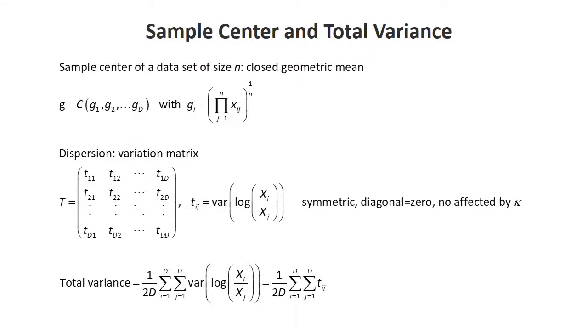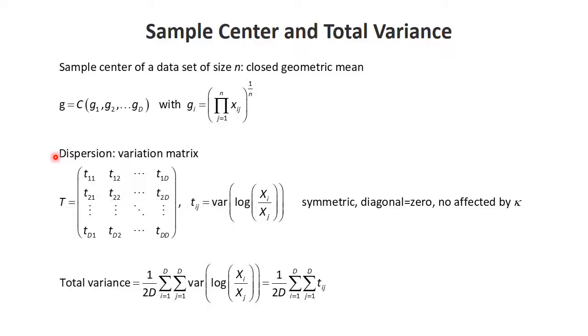So just like in a standard EDA, we'll be looking at some descriptive statistics. Of course, now we have multivariate data, so the question is, what do we look at? First is the sample center. This is basically the closure of the geometric mean. So you calculate the geometric mean and you close it, that is, standardize it.